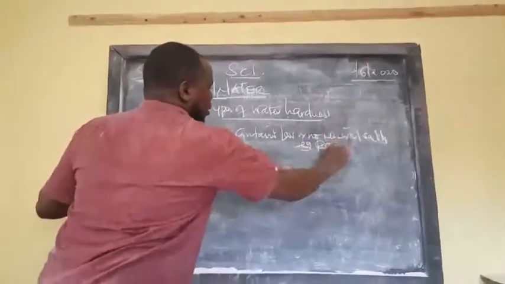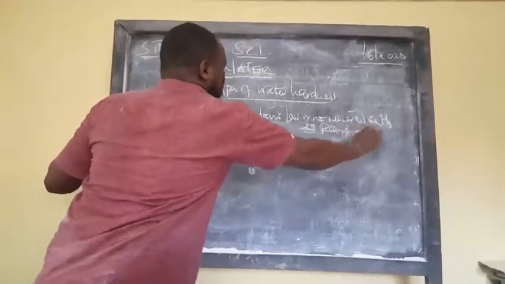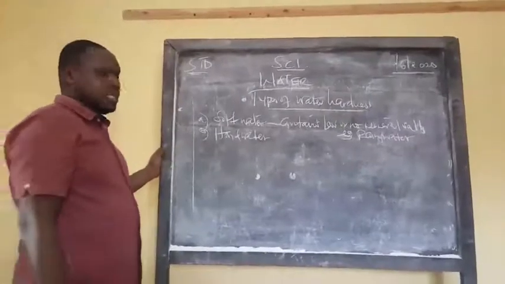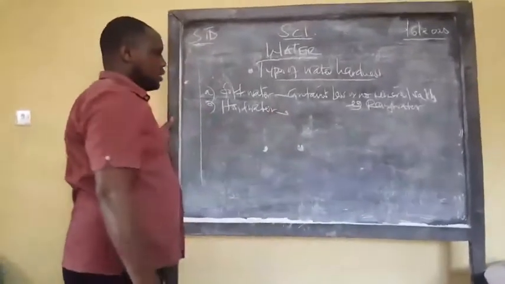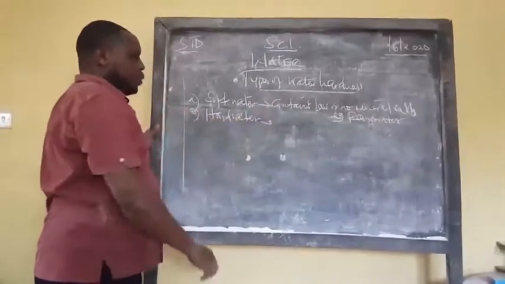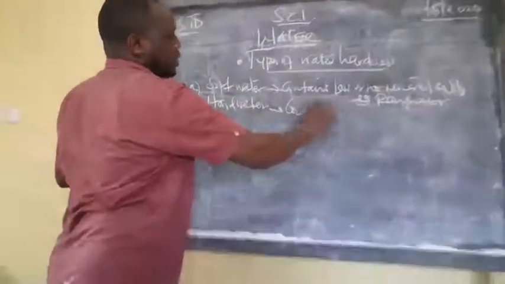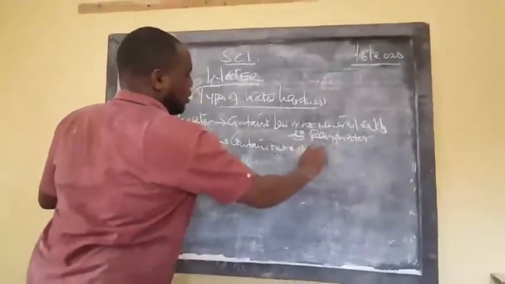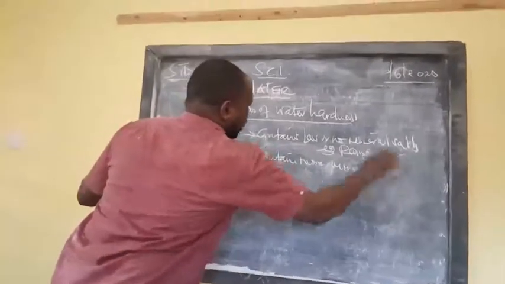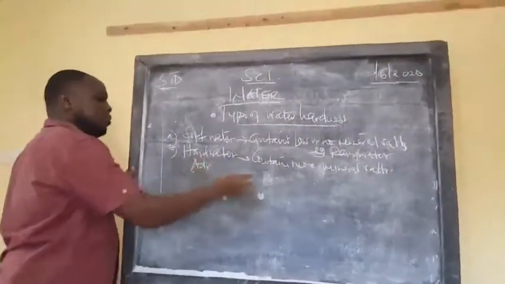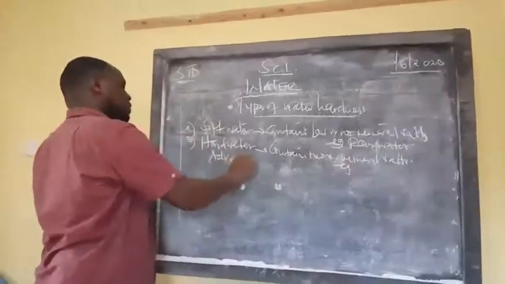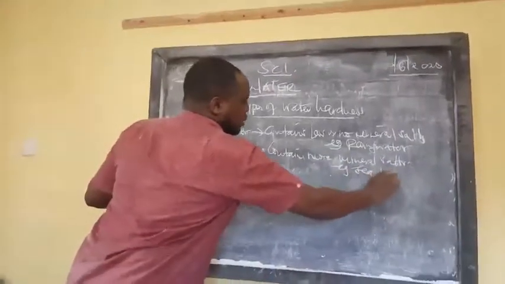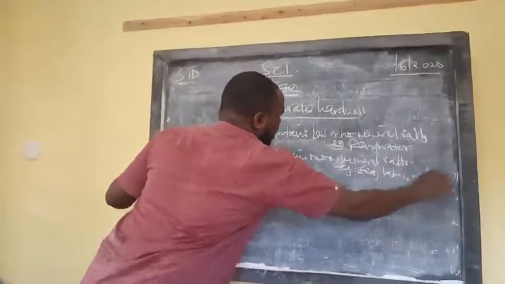It's perceived to be soft, though we know that in the space we also have some impurities like dust and some gases there. Then hard water contains more mineral salts. Then we mentioned advantages, and gave examples of areas where we can get hard water. We said sea, lakes, wells, etc.